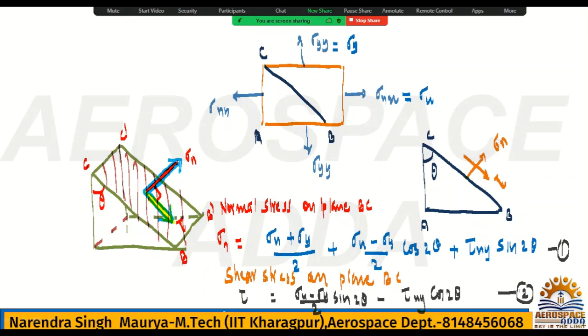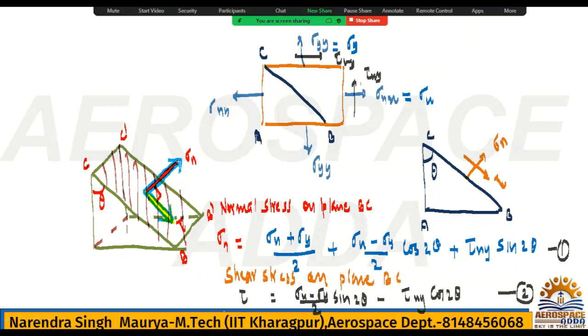If anything changes, accordingly you can change the formula. For example, sorry, I forgot to show the direction of tau xy here. So this will be the tau xy. I should show that here. So this is the tau xy, and here this is the tau xy.